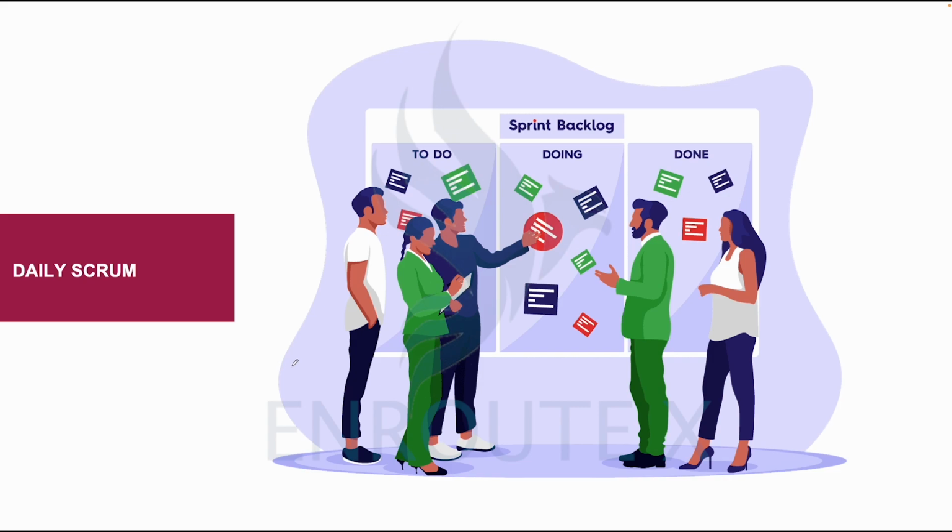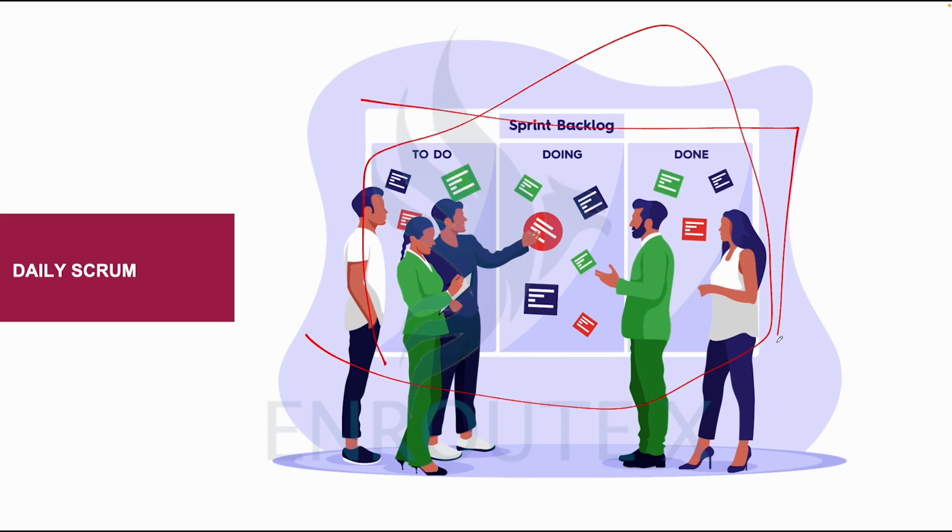So let's go to the next screen. Okay, before I move over to the next slide, we can see the team members converging around the board. So this is a board. Before COVID happened, work was mostly carried out in offices where teams are co-located.